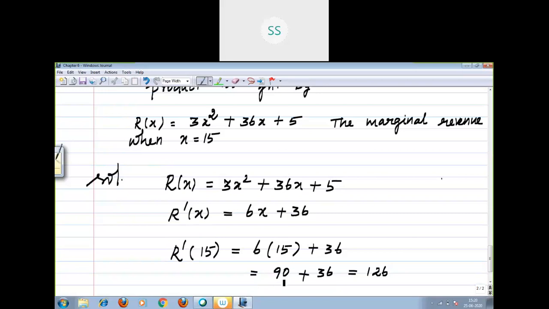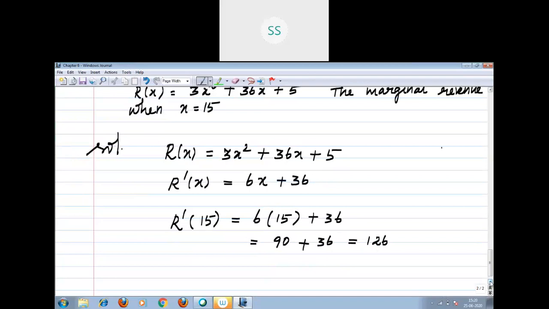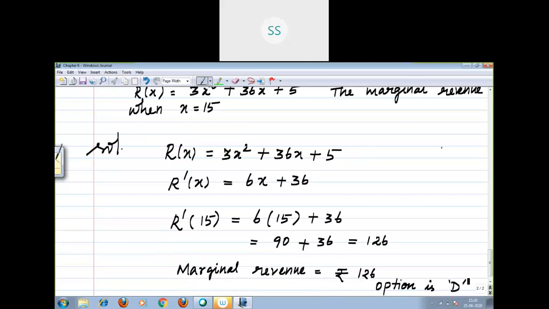D. Marginal revenue, you have to express in terms of rupees. Marginal revenue equals rupees 126. Option is D.